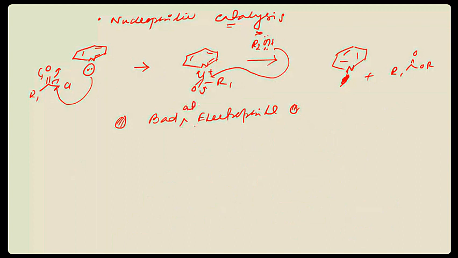Sorry, I said bad electrophile, but that was a slip of the pen. Pyridine is very bad at electrophilic substitution. Why? We can rationalize it in two ways. An electrophile should be able to easily take away these pi electrons.